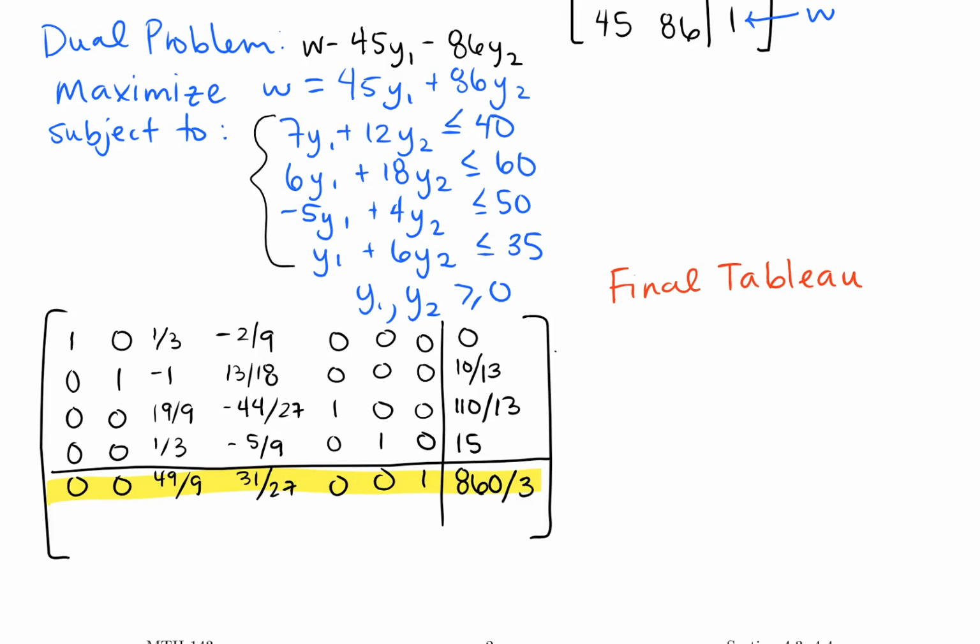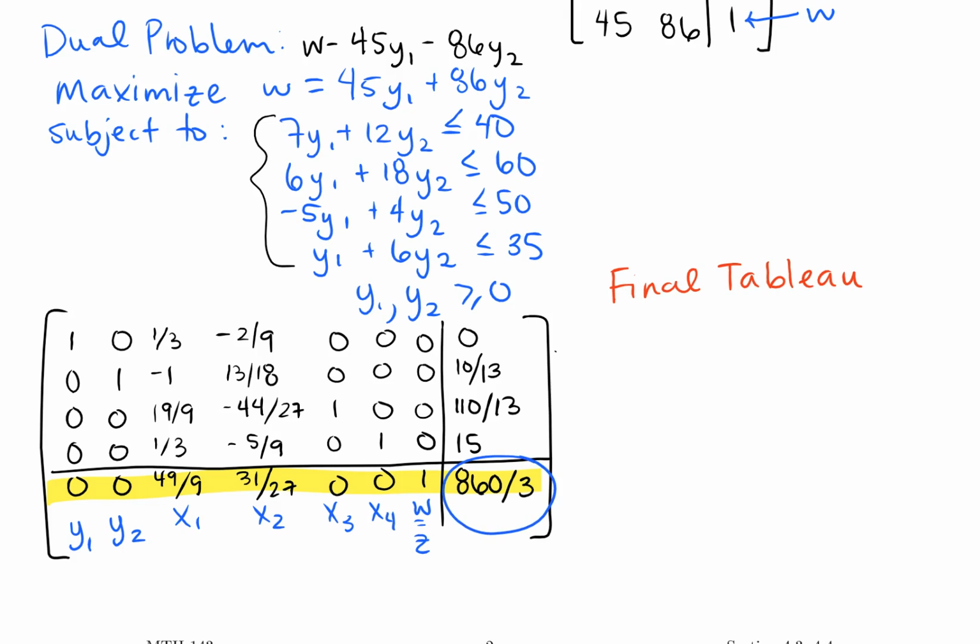So remember, each column of our tableau represents specific variables. We had y1, y2, x1, x2, x3, x4, and then this would be our w, which in this case is the same as our z value, right? And then this number right here is always our actual value for z.